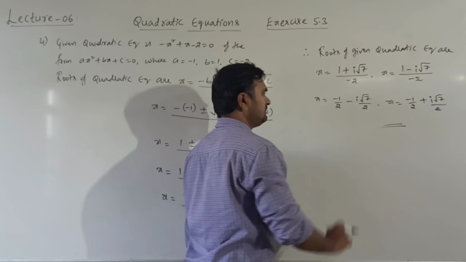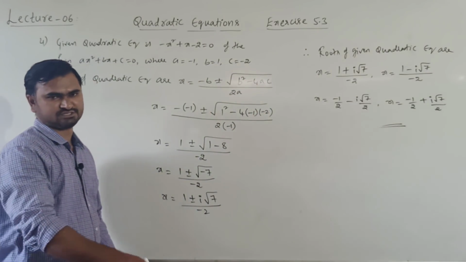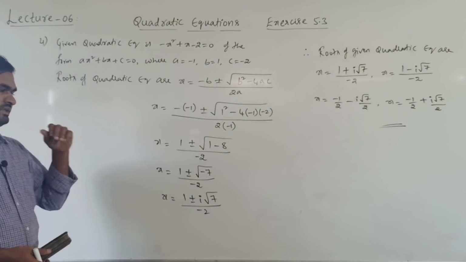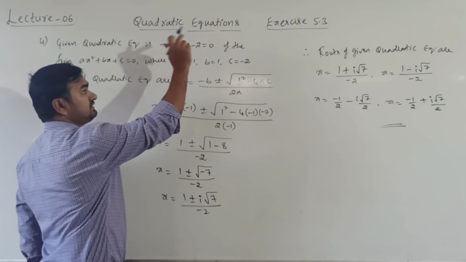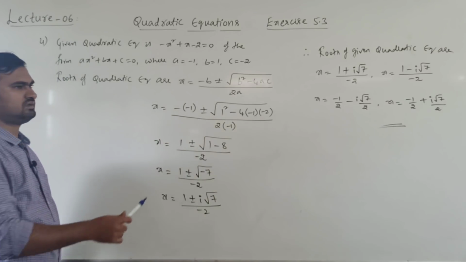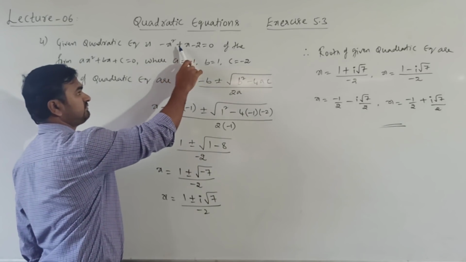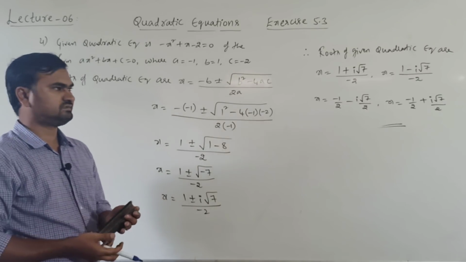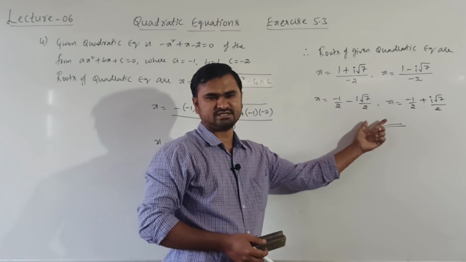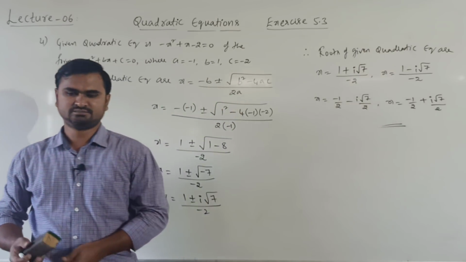So these are the two roots of the quadratic equation. Understand? Now you can verify by taking it to the right hand side. We get x square minus x plus 2 equal to 0. You solve that, then also we will get the same roots. You can check that.